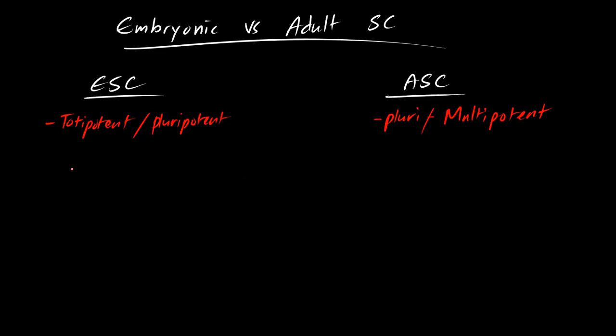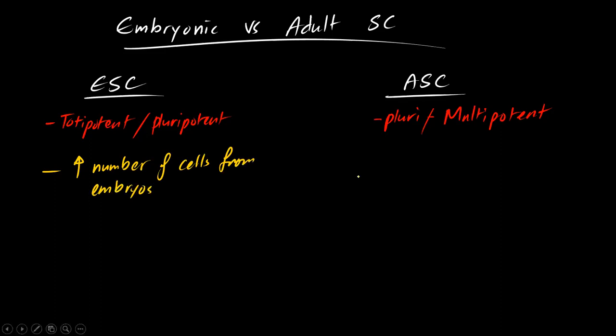In terms of isolating embryonic stem cells, we could isolate a large number of cells from embryos. The number of adult stem cells that could be obtained from the tissues or organs of a mature organism is less, so limited numbers.